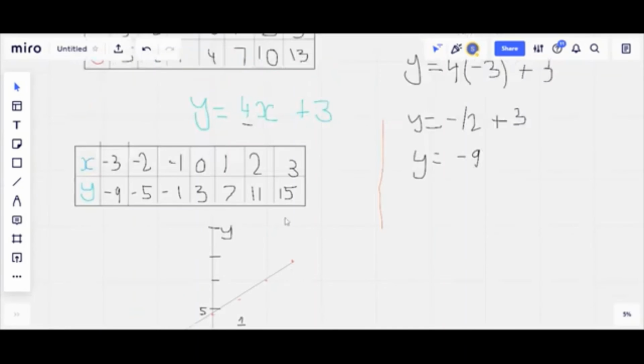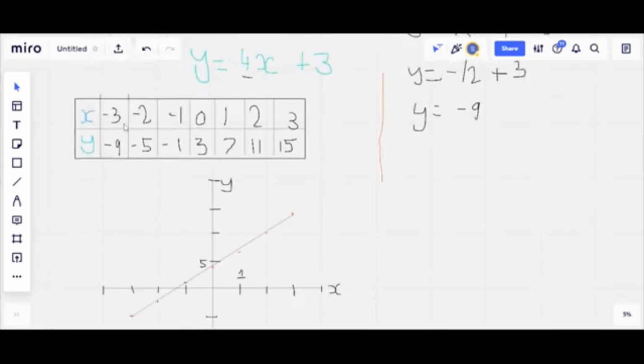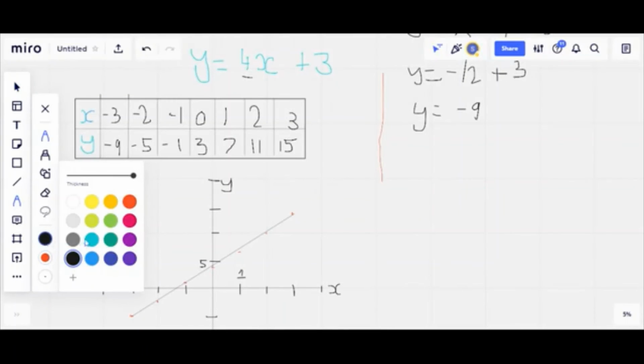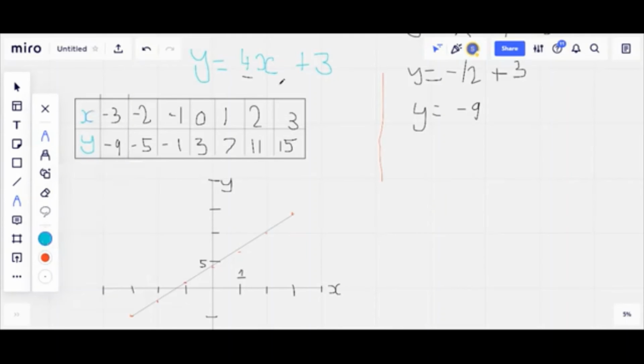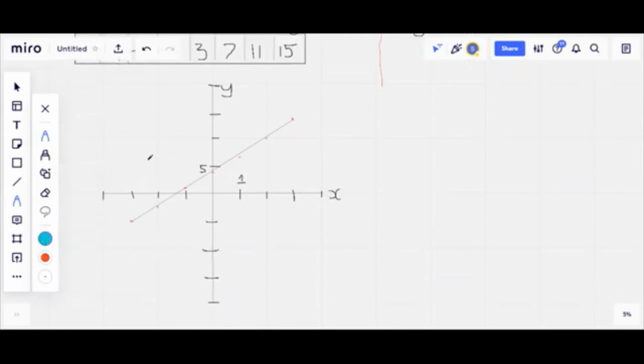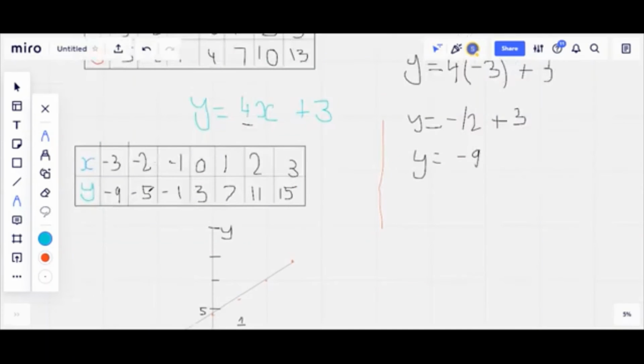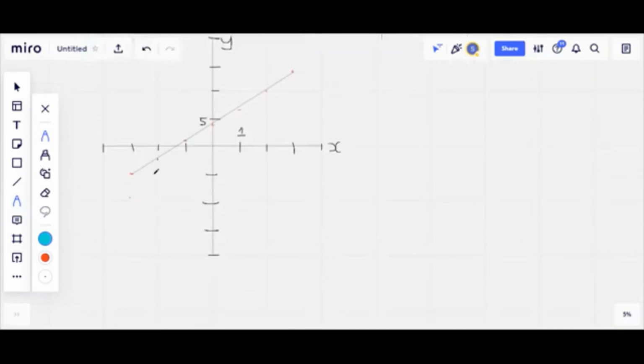So now what we need to do is graph this second table of values. So we have a look, -3 and -9. Actually, I'm going to change my color to blue. Might use the bigger dot here, and we'll match that to the color we've got for the rule. So -3 and -9. So -3 is this one here. -9 will be around about here. So then we have -2 and -5. -2 here, -5 around here.